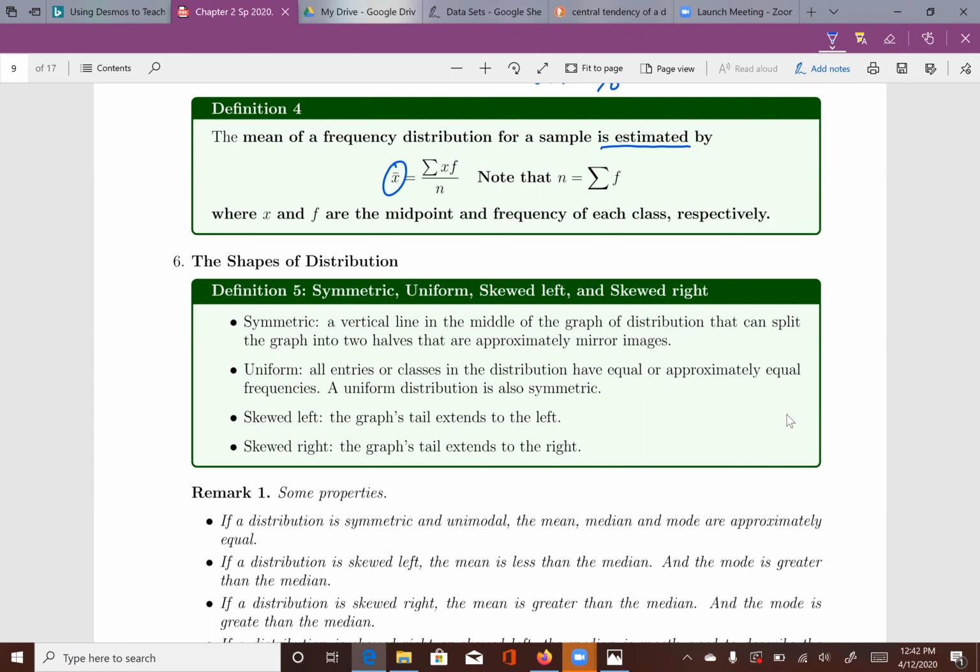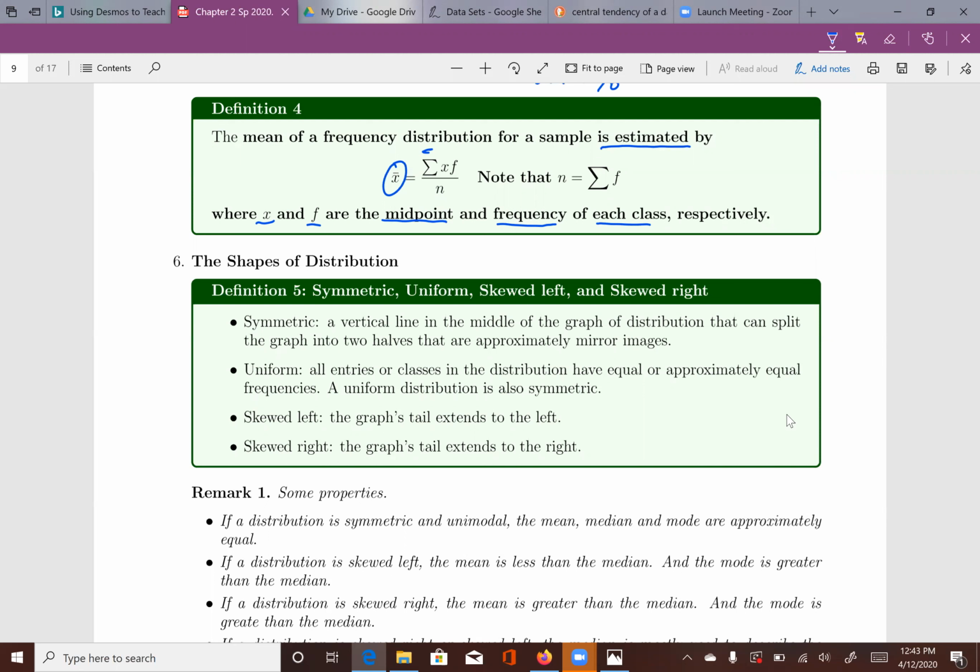So it's very similar to the weighted mean formula. It takes the sum of the products of each x times f, right? Where x is the midpoint and f is the frequency of each class in your frequency distribution.